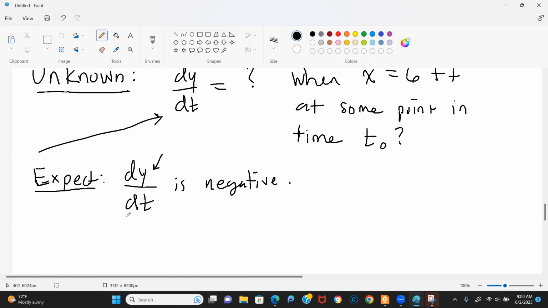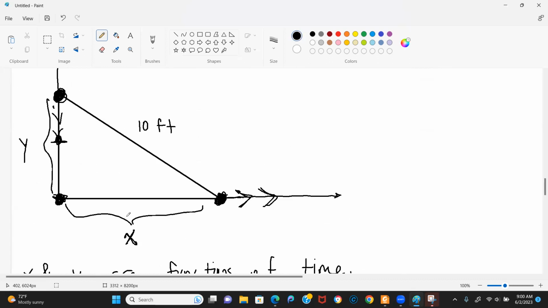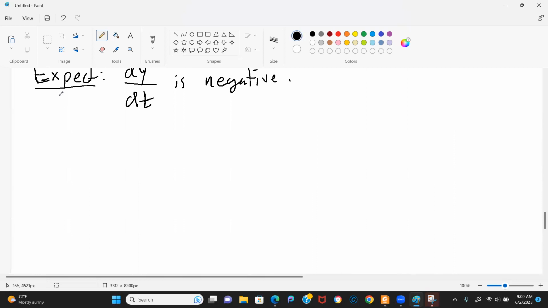In other words, you should be subtracting some number from this initial y coordinate every second. Think about when you're slowing down: your acceleration is negative because you're subtracting some number from your velocity every second. So we expect this to be negative. If we don't get a negative number, that means we did something wrong.